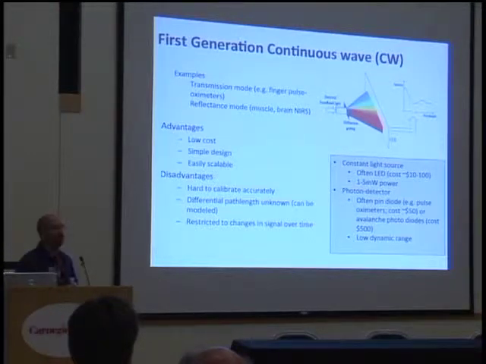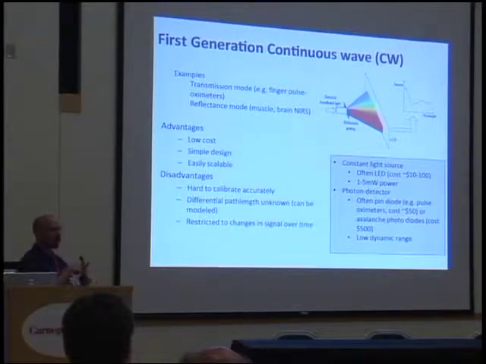It becomes very hard to calibrate, and because of scattering, even if you calibrated your light sources, you still don't know the distance. So you don't necessarily know the scattering. You don't necessarily know how far that light has traveled to go across your finger. And that really limits your quantitative accuracy. So that limits your ability to actually recover absolute concentrations.